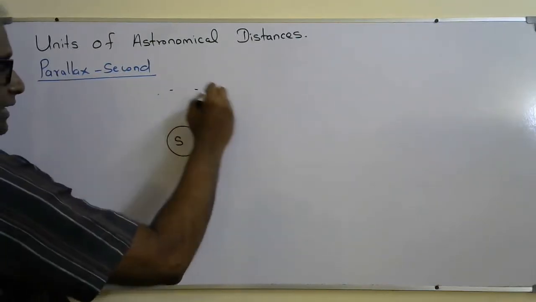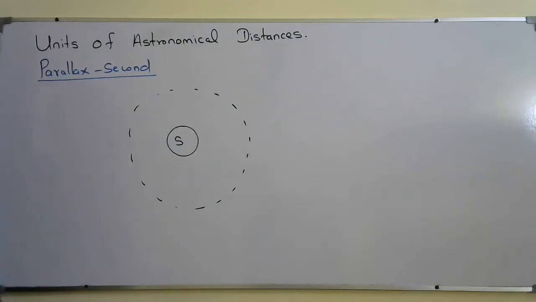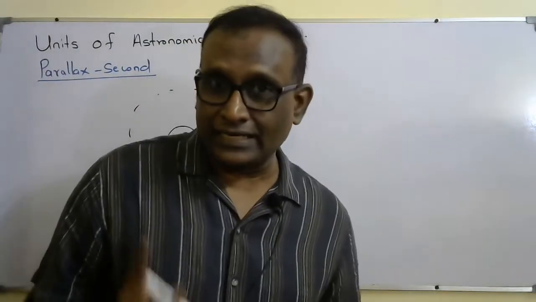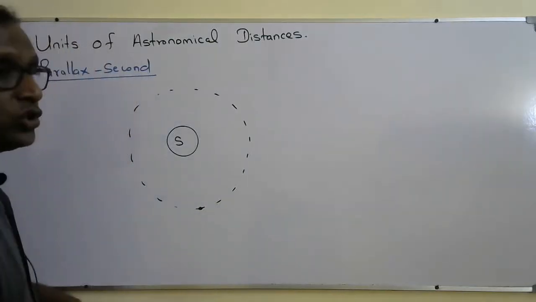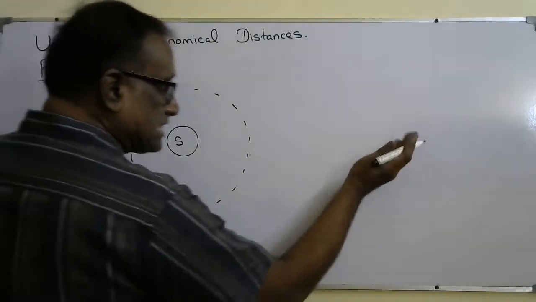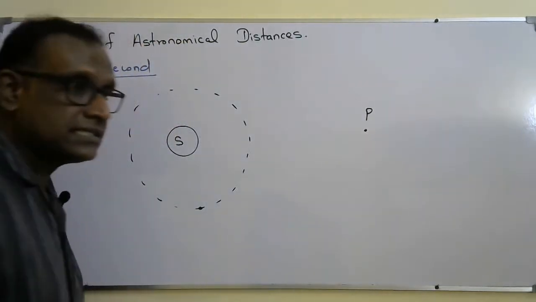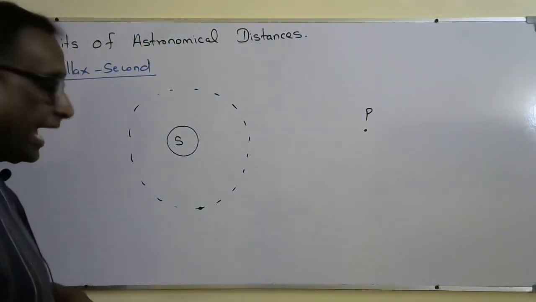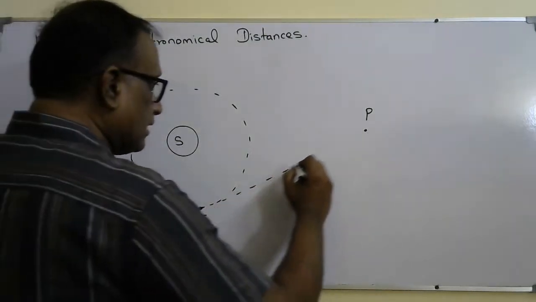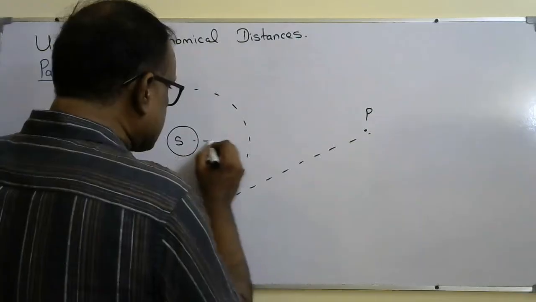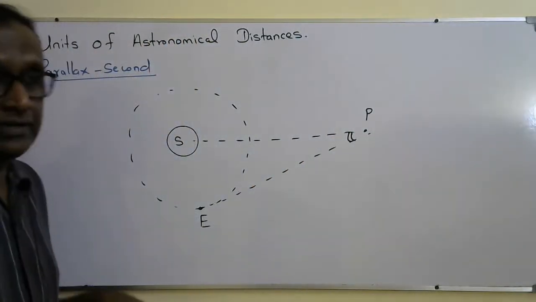Now, if we could find a point P in space such that the angle Earth, point P, Sun becomes 1 second, we should be able to imagine this.